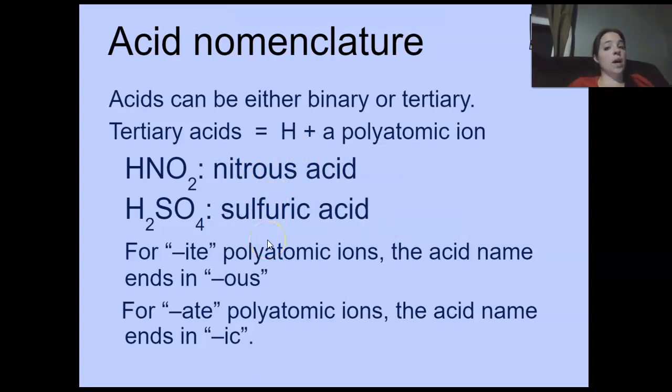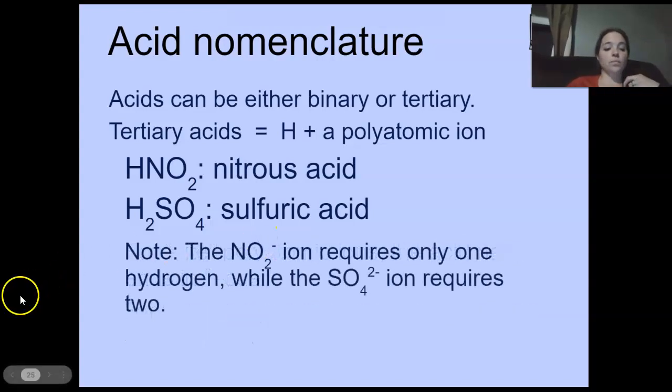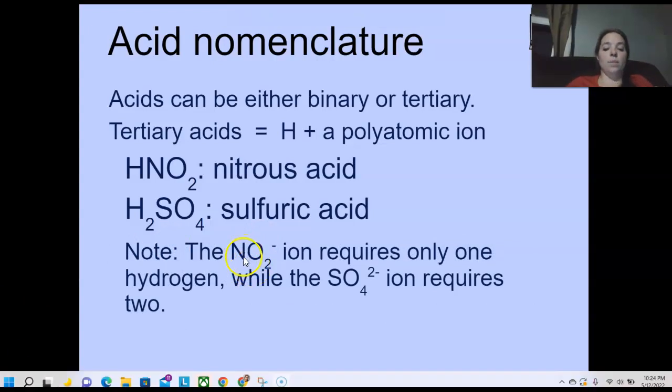Notice I don't say hydro, only hydro with binary, with 2. If there's no 2 and there's 3, it's just the second part, acid. So the NO2, the nitrite ion, requires only 1 hydrogen, while the sulfate ion requires 2.